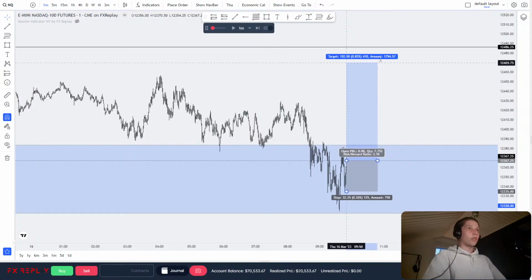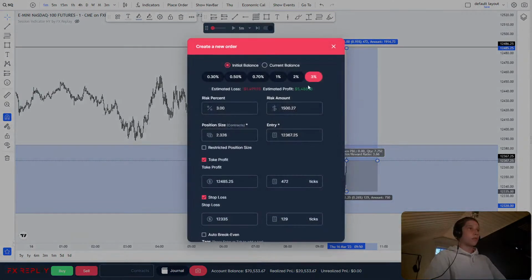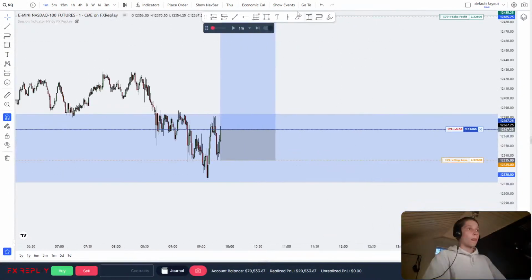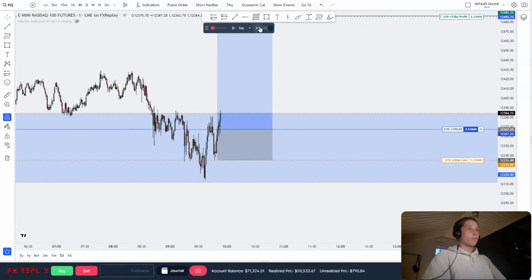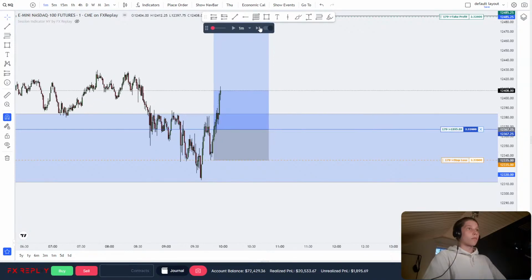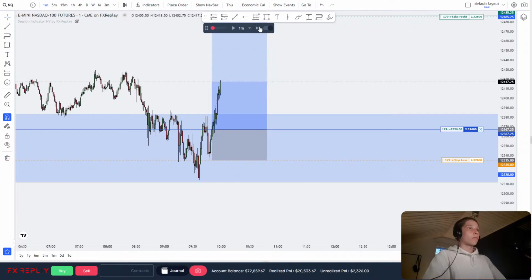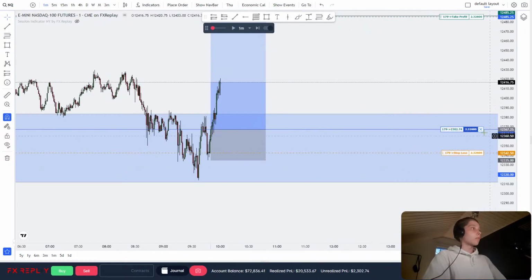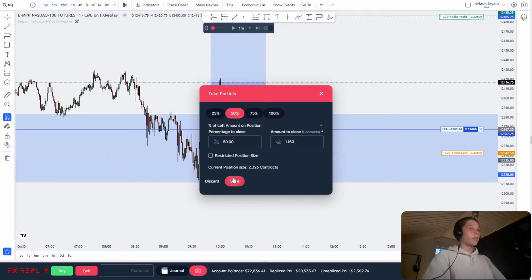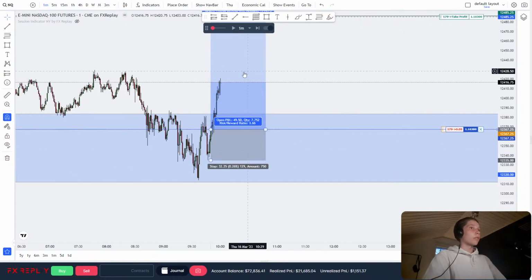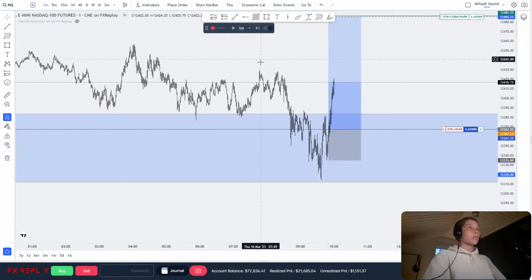We got a lot of liquidity up here. Wait, I want to take half off here. Go break even. Scale a little bit more off at these highs.